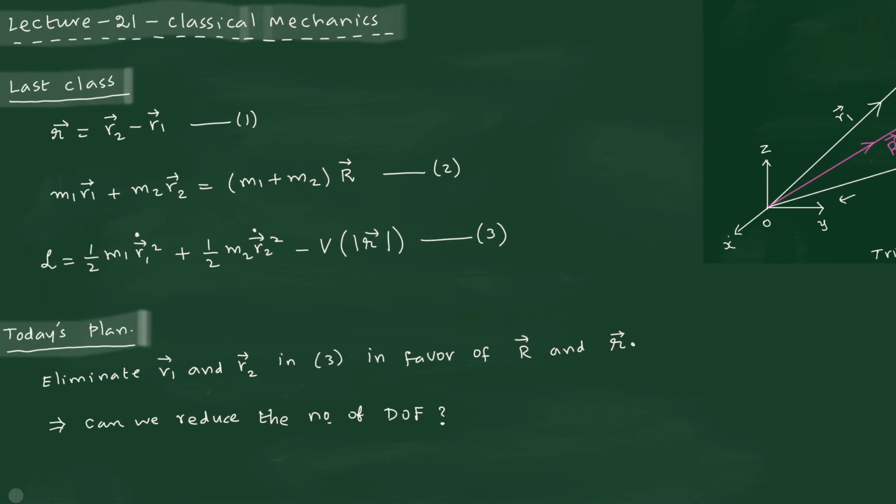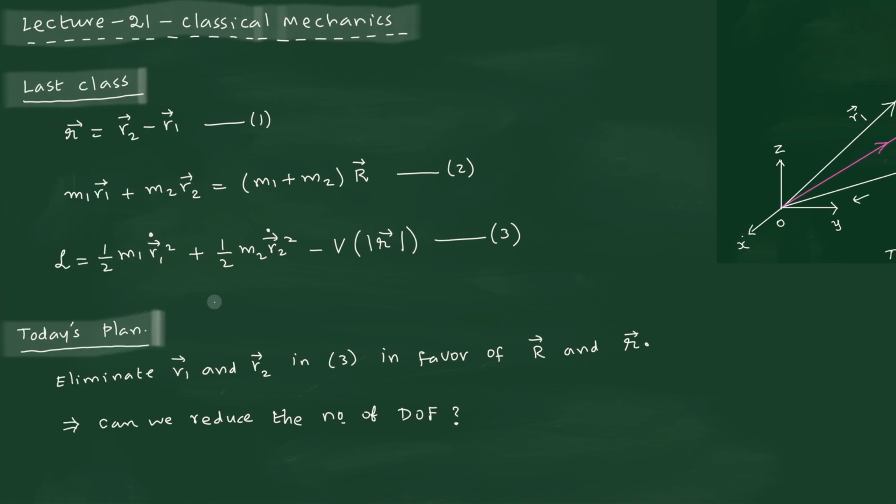And how are we going to proceed? We are going to eliminate, and eliminating means we don't want the variables R1 vector and R2 vector in the Lagrangian. Instead, in favor of them, we are interested in bringing in the center of mass, capital R, and the distance of separation between the two masses, which is script R. That means R1 vector and R2 vector are going to disappear in equation number 3, and in their place a capital R and a script R will appear.